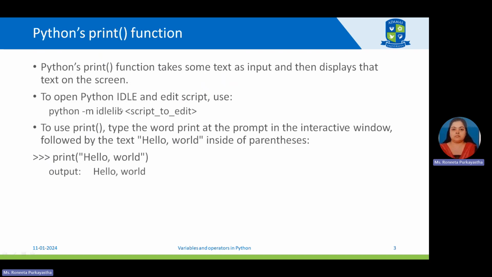Basically, this will open the IDLE editor, and then you pass the argument of the file name or script name to edit. For example, if you name it test.py, py is the extension of the file name. You can put any name to your file, and in that file all your instructions written in Python will be saved.